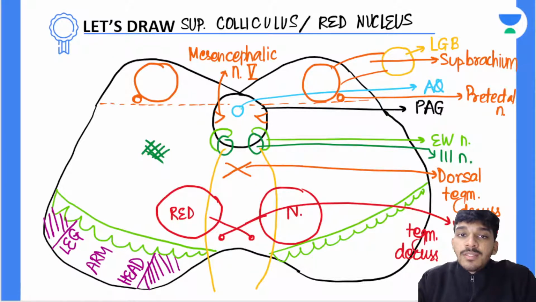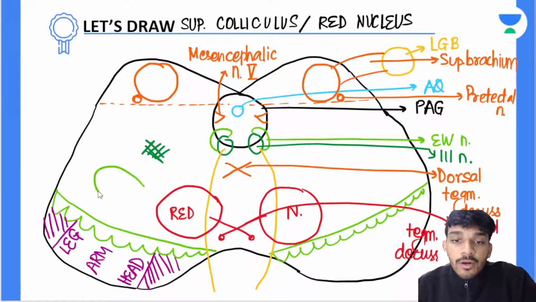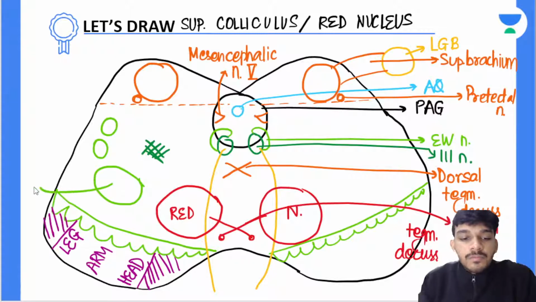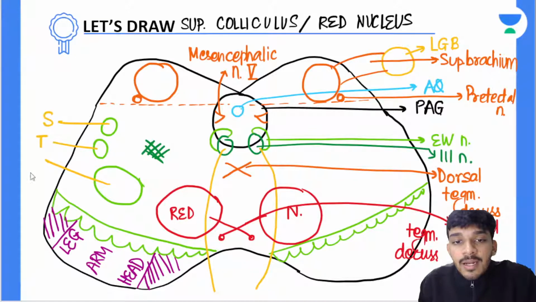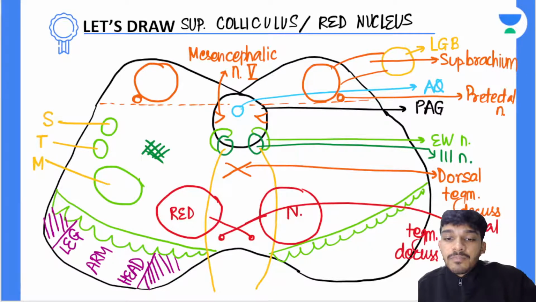If you want, you can show them in a single diagram, or you can draw medial, trigeminal, and spinal separately. Do not draw the lateral lemniscus. By the time you reach here, it no longer exists. That ended at the level of the inferior colliculus.